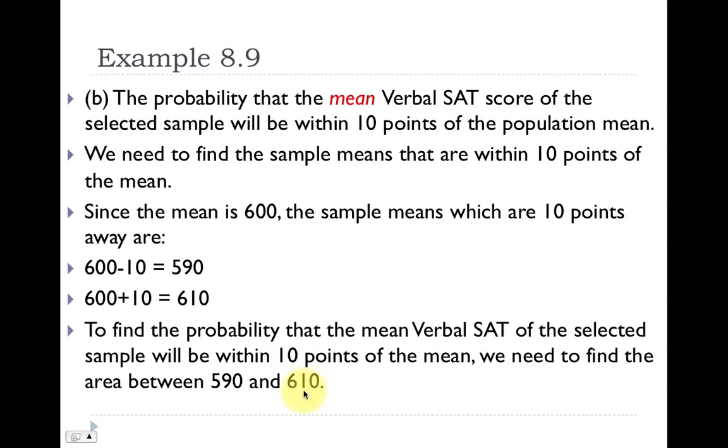Okay, so notice that it's not asking find the probability that a student's verbal SAT score is between 590 and 610, it's asking, find the probability that a mean of 100 students have a verbal SAT score mean that is between 590 and 610. Again, that's what makes this chapter different from the previous chapter, and that's why you have to use the standard error in using normal CDF.